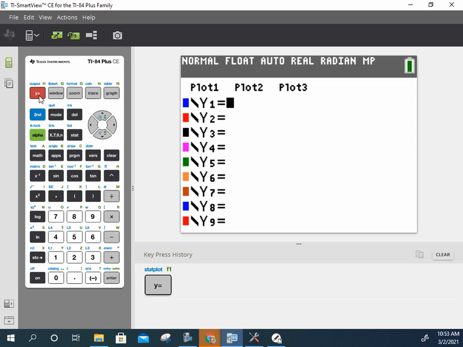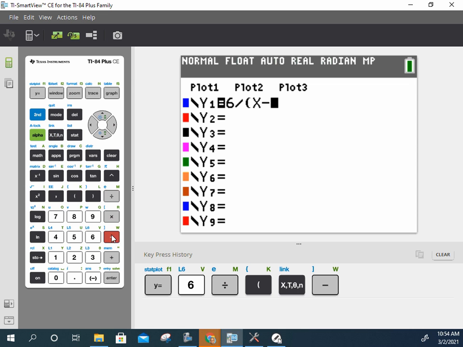So, y equals, type in the numerator, which was 6, divided by, now, the denominator, put it in parentheses. So parentheses, x minus 2. Make sure I got that right. And then type in plus 3.